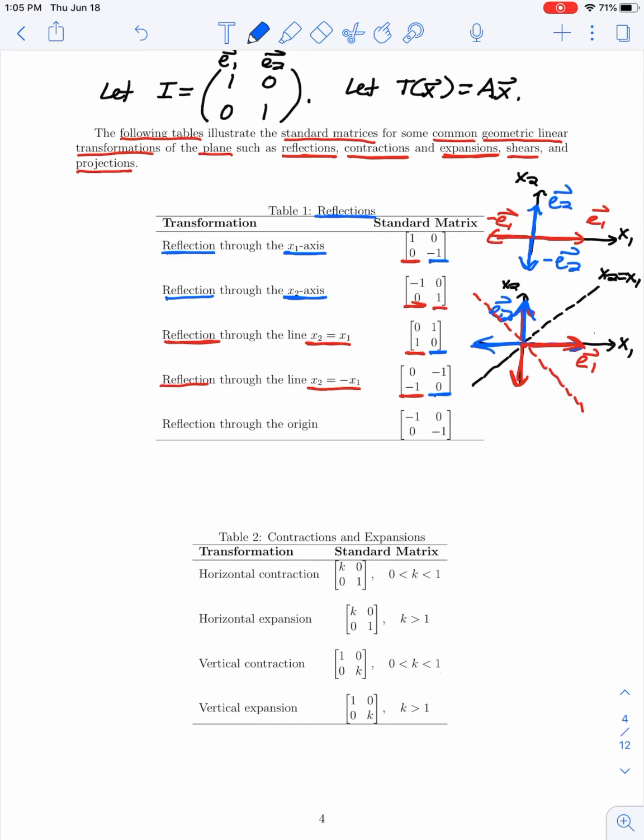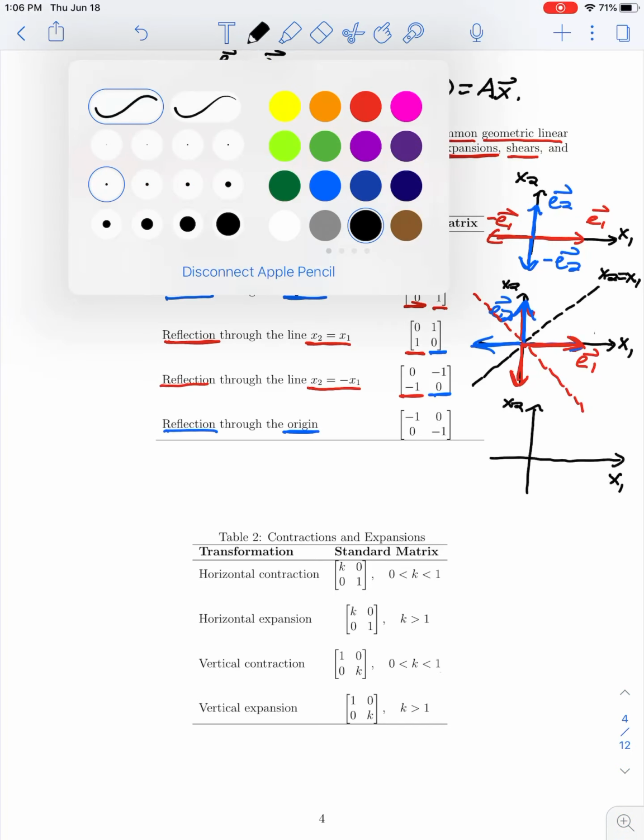And then our last reflection is reflection through the origin. Let's just look at the image of our basis vectors rather than a specific point in the x1, x2 plane.